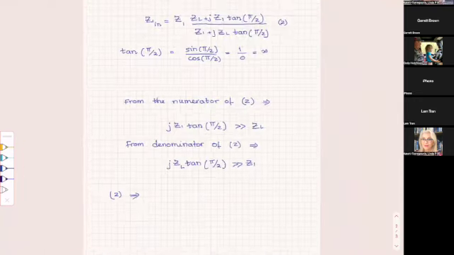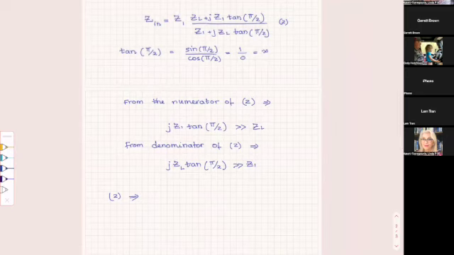Which means I can rewrite 2, and it's going to be Z input equals Z1. In the numerator, since the second term is much larger than the first, I can ignore the first term, assuming it is very small compared to the other.